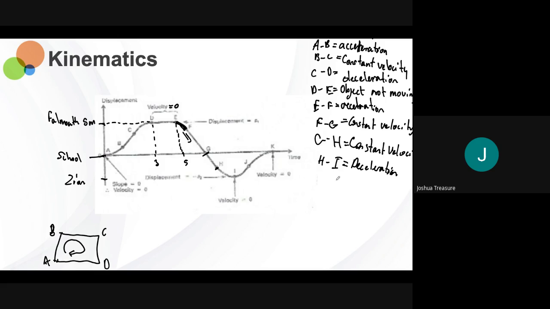And what is happening at I? He stops at I for a few seconds, right? For 0. So it stops, and he realized that he left something at school. So what did he have to do? He had to go back to school, right? Exactly. So what is happening from I to J?